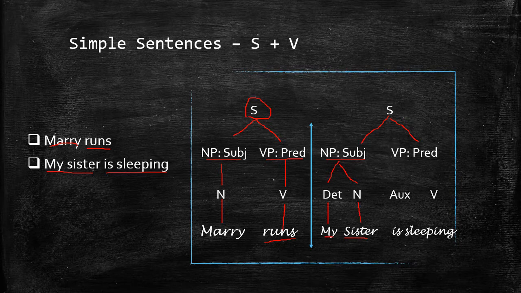And because we have is sleeping for the verb phrase, is is an auxiliary and the verb is sleeping, so we can make two branches here, auxiliary and verb, and then for the auxiliary you make a line to is and you make verb to sleeping. That's the easy way to make a tree structure of a simple sentence.